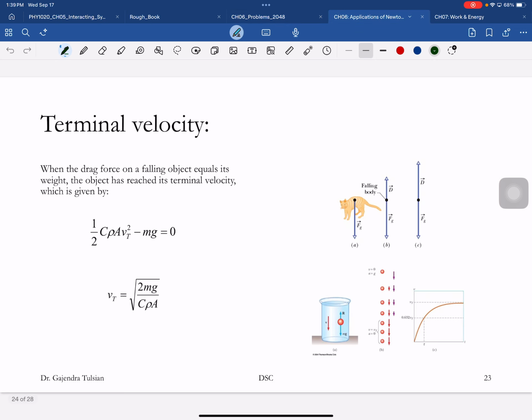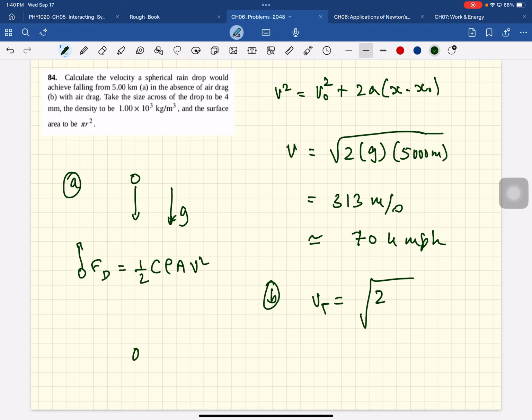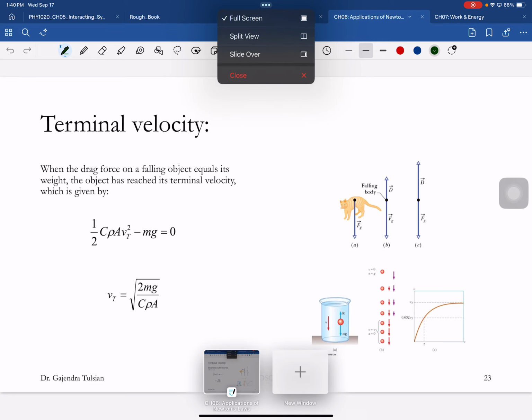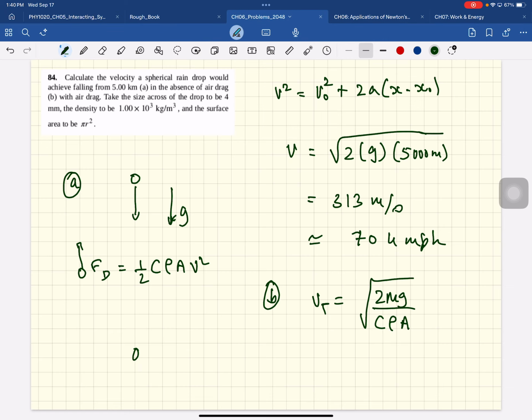And so here's the formula for the terminal velocity, 2mg over c rho a, under a square root. mg is the weight of the raindrop, a is the area of cross section, which is a circular cross section, c is the drag coefficient, and we'll just have to assume a number for that.